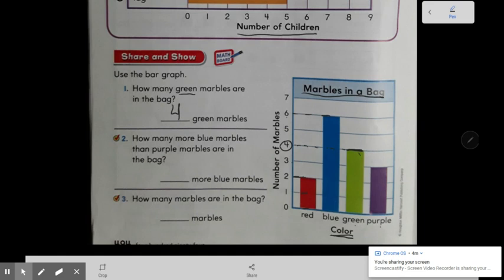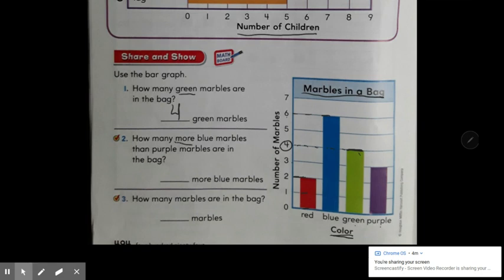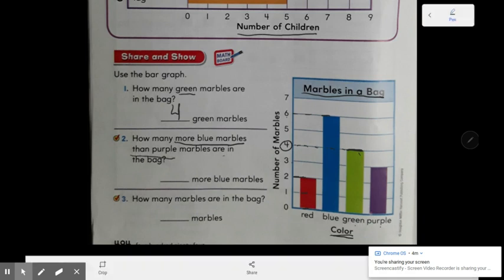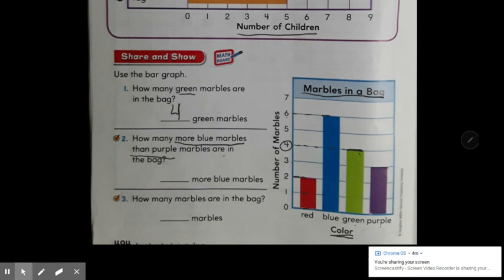Then I go to my next question. It says, how many more blue marbles than purple are in the bag? We want to know how many more, not together, but how many more blue than purple. So I'm going to look at my purple because that's my shortest one, and I'm going to draw a line where the blue is.